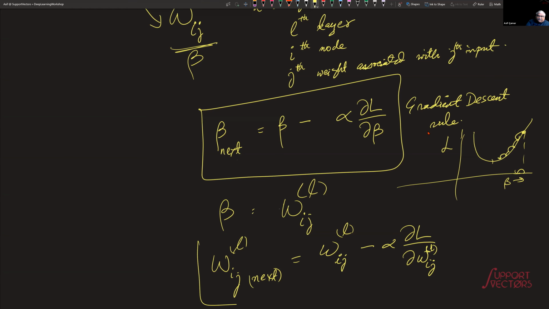This becomes a more complicated way of writing the same thing, realizing that there are so many betas and it needs three indices, i, j, and L, to give you the coordinates of any one of the parameters or weights.